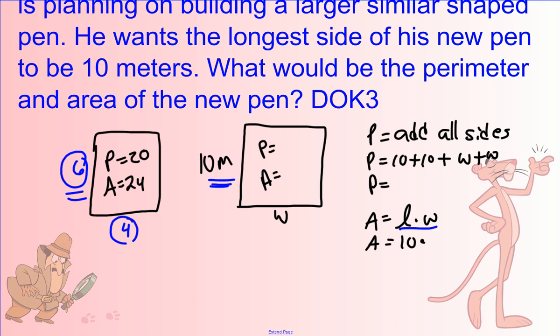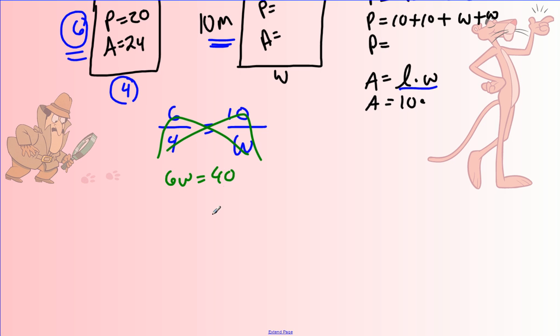Now we know that we have to use a proportion because these two rectangles are similar. So 6 corresponds to 10, 4 corresponds to W. Cross multiply, 6W equals 40. Divide both sides by 6.